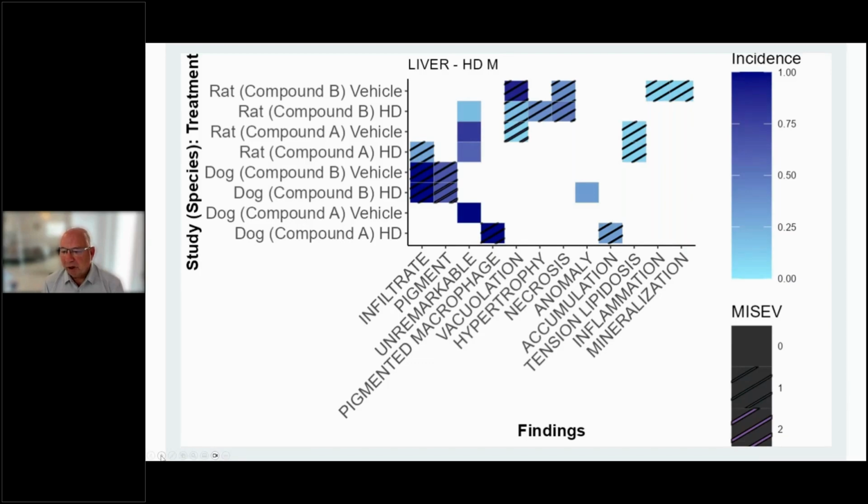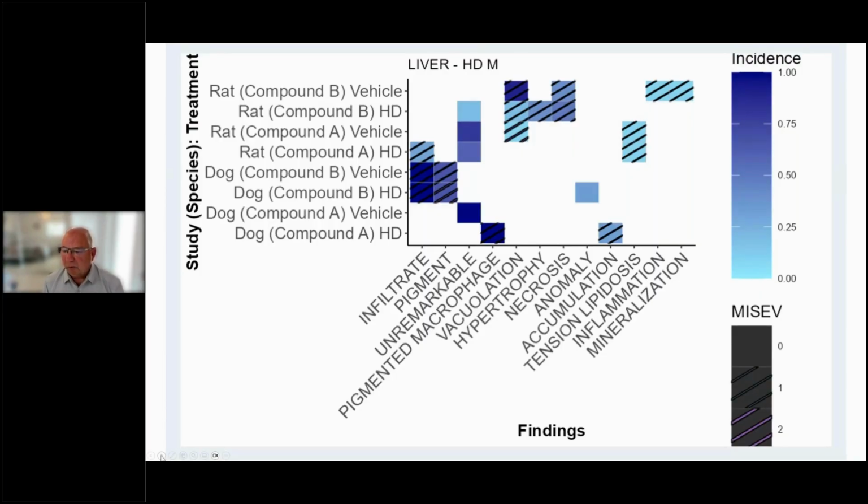On the bottom, we have the microscopic terms that were identified. For this case, it's liver. So you can see on the bottom all the various findings that were called by the pathologist, and on the left were the various compounds and vehicle groups.